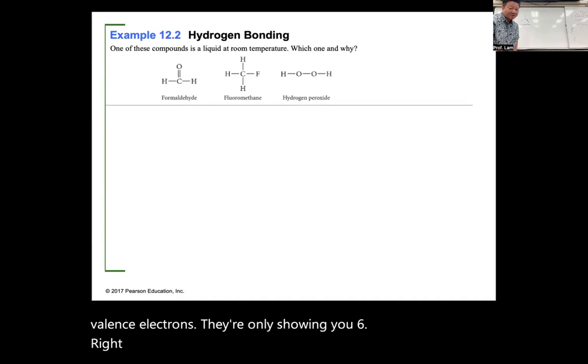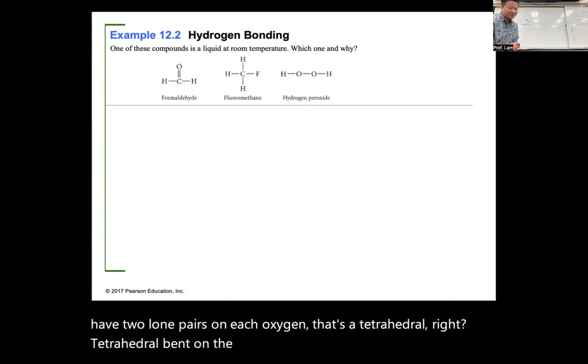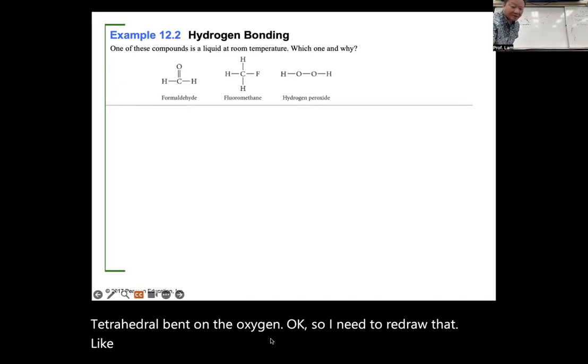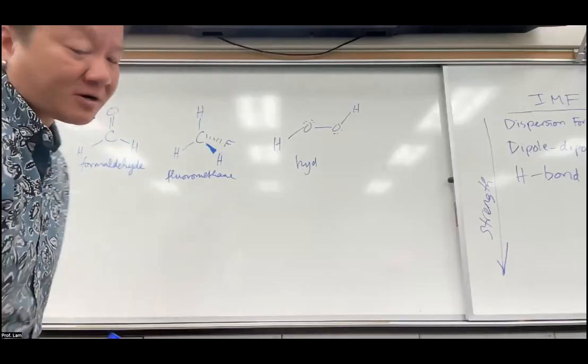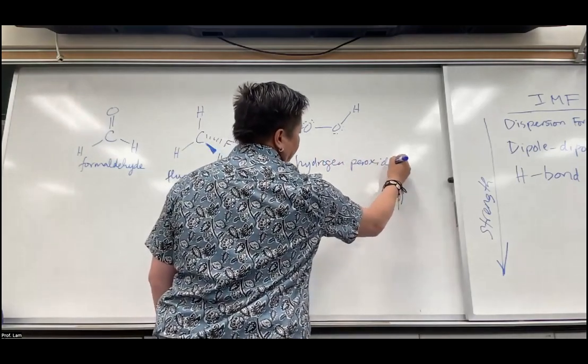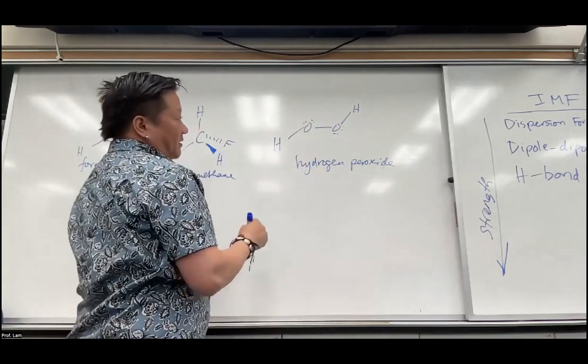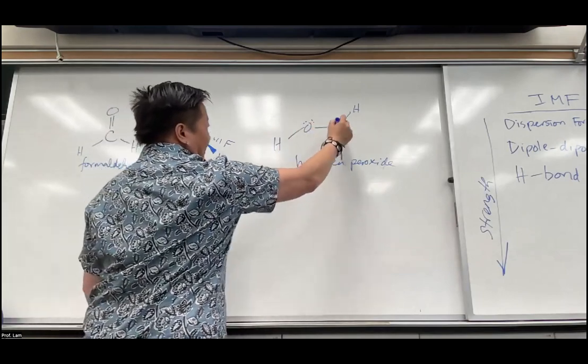So where's the other 6? 2 lone pairs on each oxygen. So if I have 2 lone pairs on each oxygen, that's tetrahedral, right? Tetrahedral bent on the oxygens. Okay, so I need to redraw that, like this. Okay. So careful with these problems, all right? Always check to see that you have the best structure. Don't just trust what they give to you, okay? They didn't even put the lone pairs in there for you. So bent here and again bent.